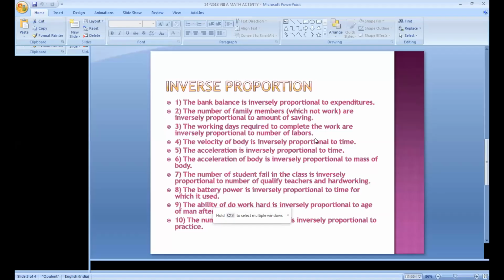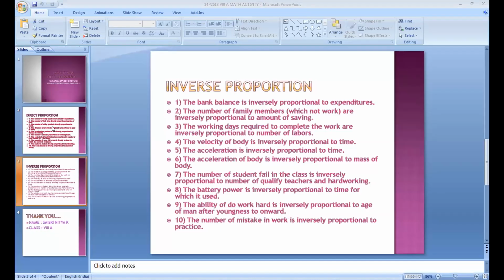Ratios and proportion. Nitya, are you there? Yes, ma'am, I am here. Okay, right, Nitya.